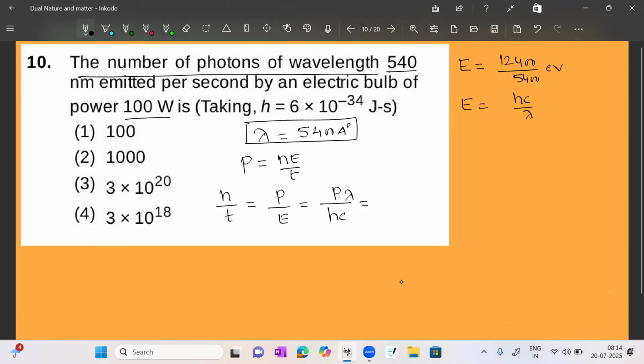See here, the power they gave as 100, you write as it is. Lambda they gave as 5,400 angstroms, which means 10 power minus 10 meter, divided by the Planck constant value, which I will write as 20 by 3 into 10 power minus 34, and the c value 3 into 10 power 8. So this 3 will get cancelled.